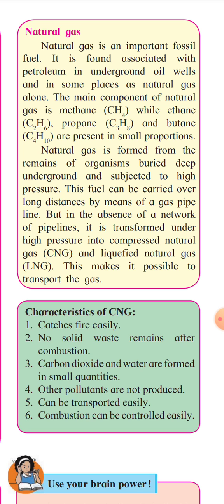But in the absence of a pipeline network, it is transformed under high pressure into compressed natural gas. Nowadays, you know CNG and liquefied natural gas, LNG. This makes it possible to transport the gas.